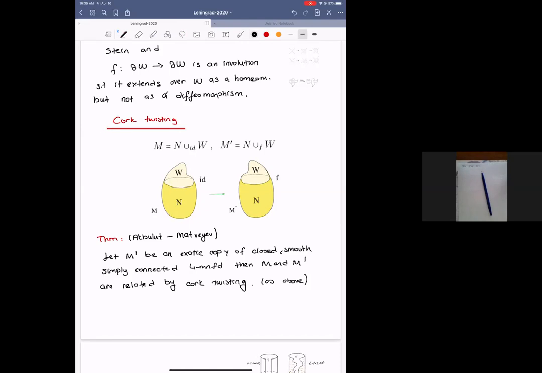And in this decomposition, both the W and N pieces are Stein. And what is a Stein?